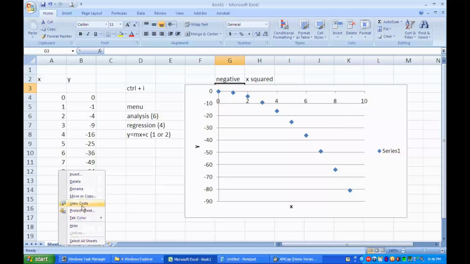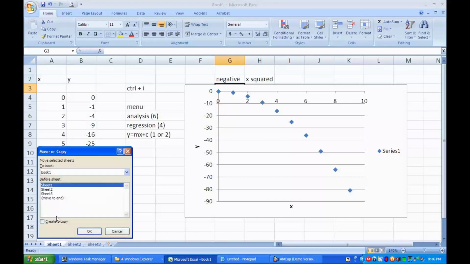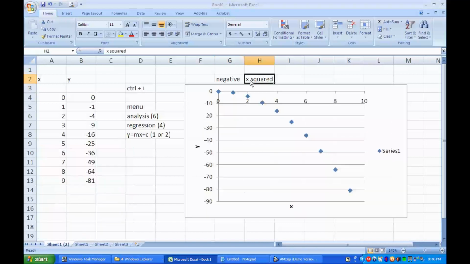Okay, so squared relationships look like that. What about a log relationship? Well, it won't work for 0, so I'm going to increase these.